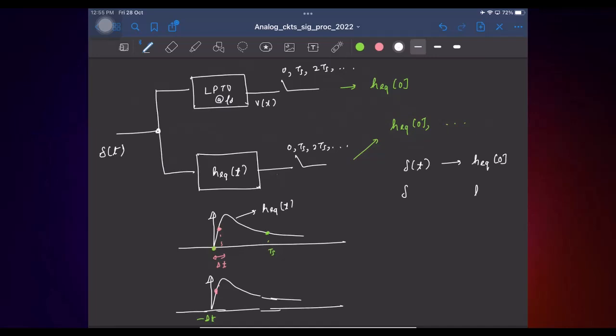So if I want H equivalent of delta t, what should the input be? T plus delta t. Okay, and if I want to do for all the other time instants, I will have to sweep delta t from 0 to infinity. Okay, so what does this say? For the first experiment, apply an impulse at 0.